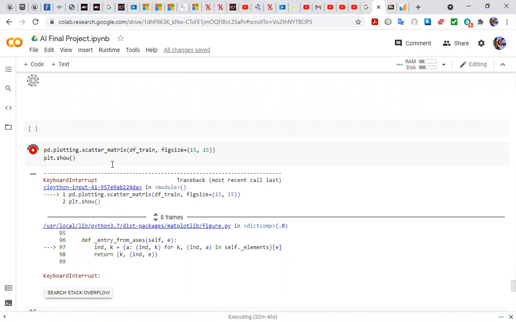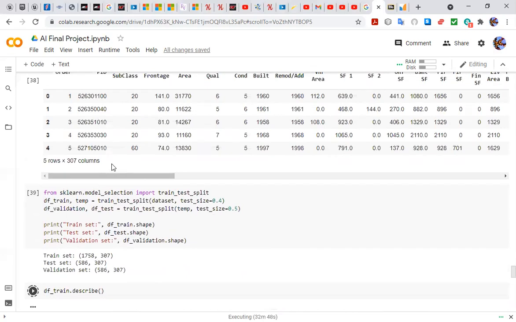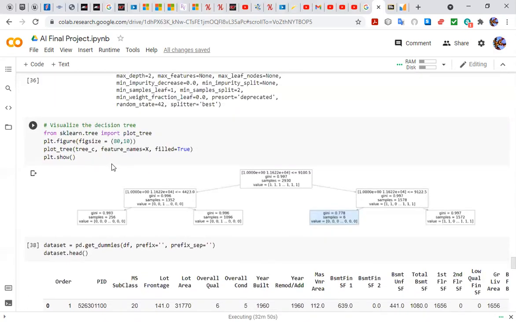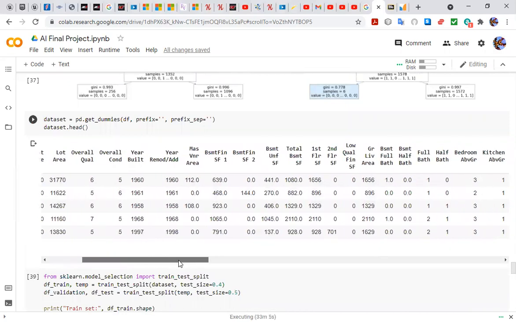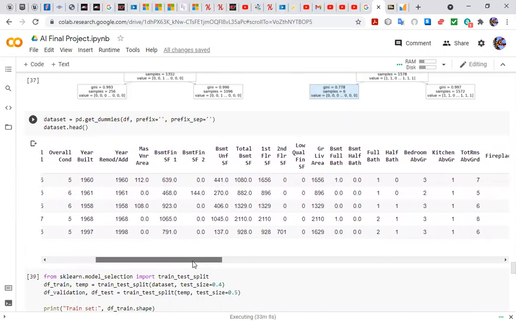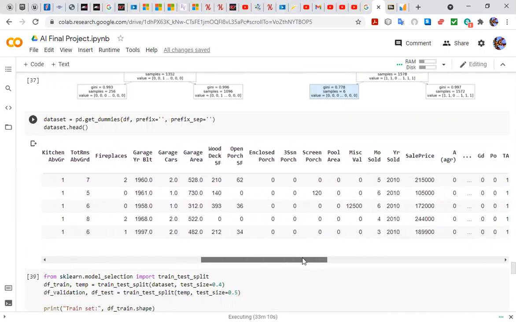Basically, what I did find was that as the lot area increases, the price of that property will increase as well. So people are looking for more square footage for the prices of their homes. And as time progresses, the size of the homes will grow.